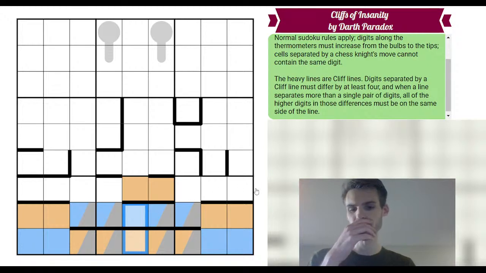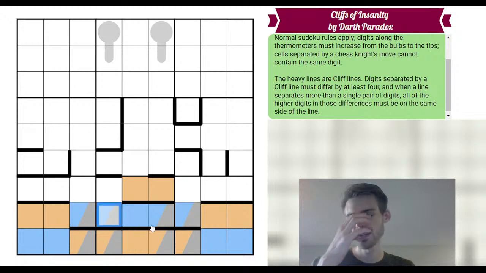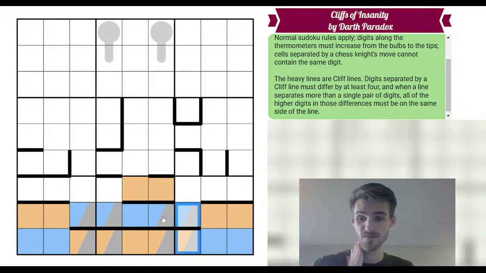For the same reason, I guess. So I'm wondering, obviously there's going to be a 5 either in both these pairs, or 1 in this box and then 1 outside.